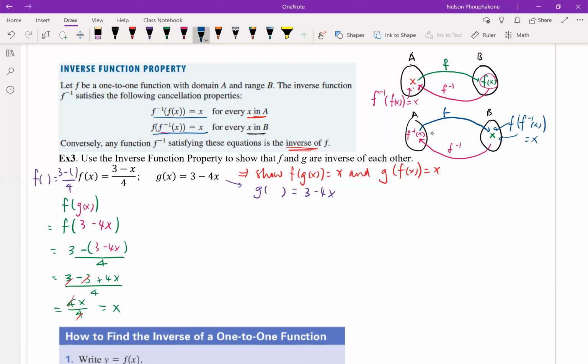Now I have g of f of x, which is equal to g of 3 minus x over 4, which is equal to 3 minus 4 times x, right?